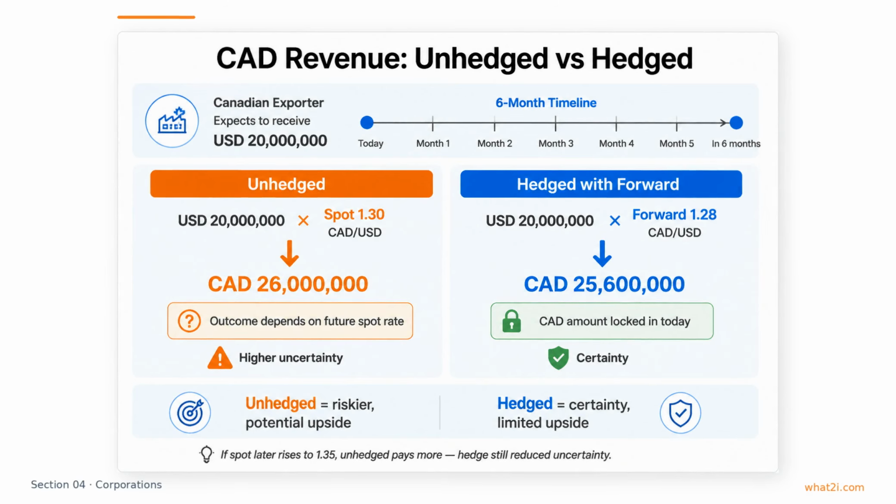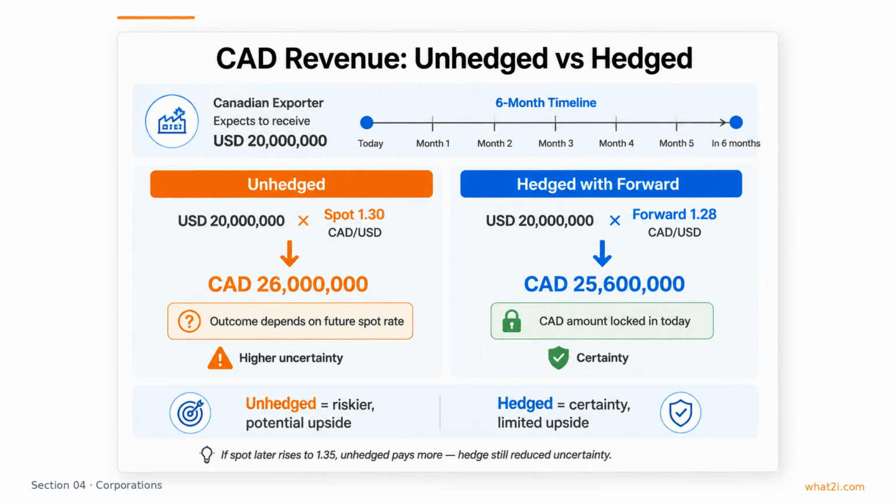Consider a Canadian exporter expecting $20 million in 6 months. If the company stays unhedged and the future spot rate is 130 Canadian dollars per US dollar, it receives 26 million Canadian dollars. If instead it hedges today at a forward rate of 121, it unlocks in 25.6 million Canadian dollars.